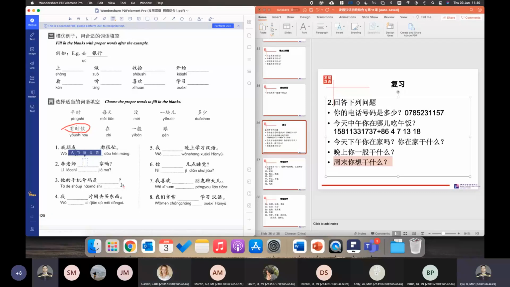You can use 没家, but you need to include the 有: 李老师没有家吗？ That means, does teacher Li not have a home? 有 means to have. If you want to say 李老师没有家吗, I'm asking, doesn't teacher Li have a home? Okay, great. Number 3, 他的手机号码是. This is giving marks for free.